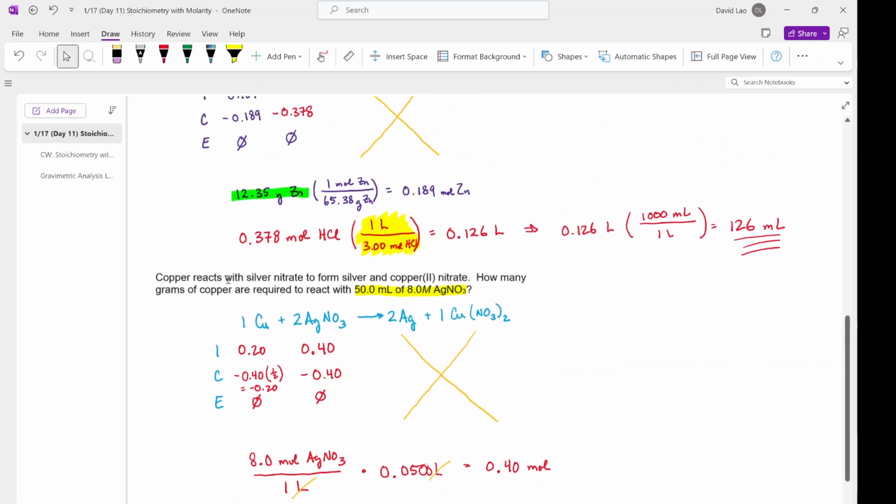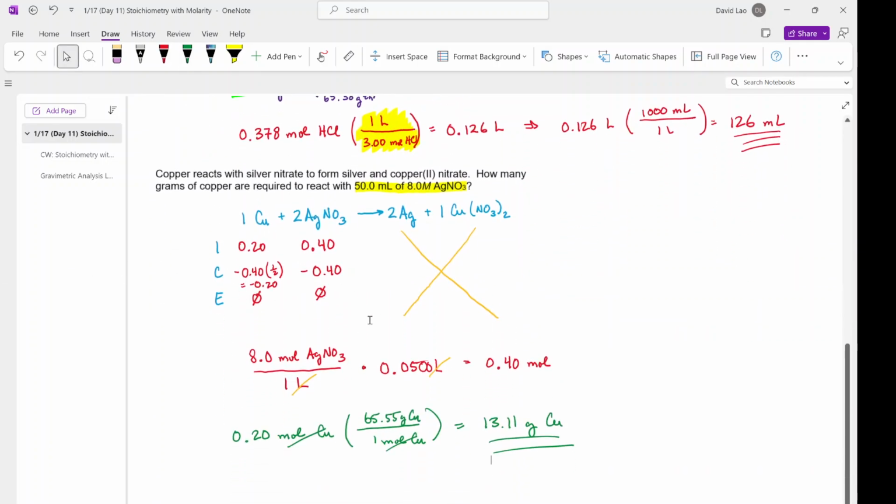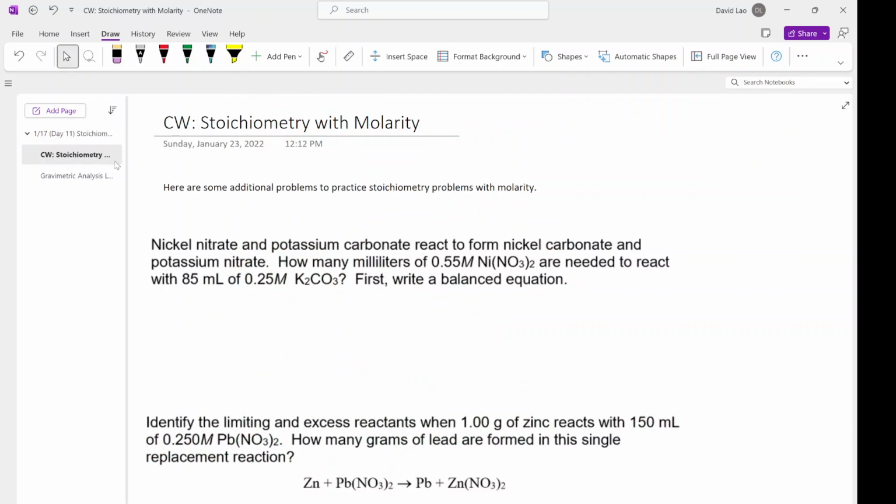All right. So hopefully this looks very similar to what we've been doing with the added piece of working with solutions. For your classwork, which is, I guess, technically homework now because there's no school today, you have some problems that are very similar, stoichiometry problems, where you have to convert the text into a balanced chemical reaction.